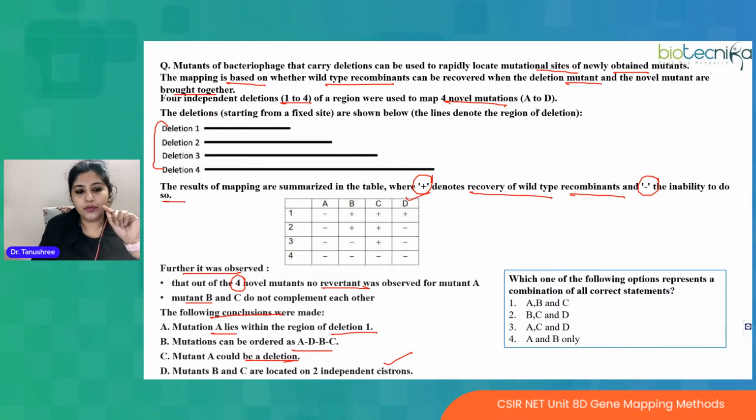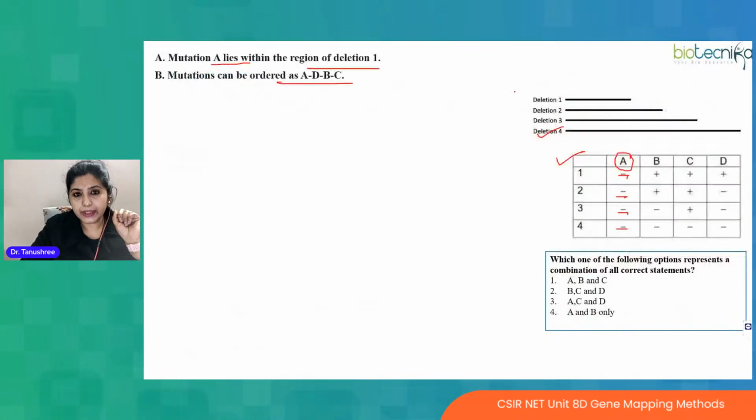Also, A to D are novel mutations. Keeping this point in mind, A, B, C, D, for deletions 1, 2, 3 and 4, all you need to do is consider both together, the table and the deletion figure which is given.